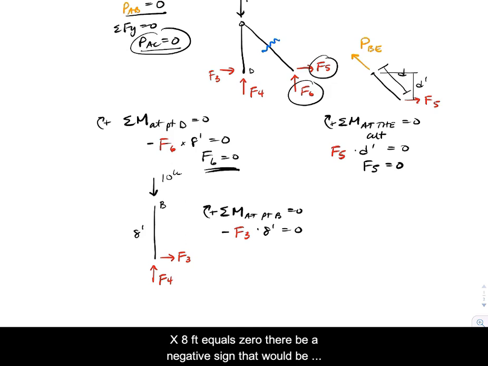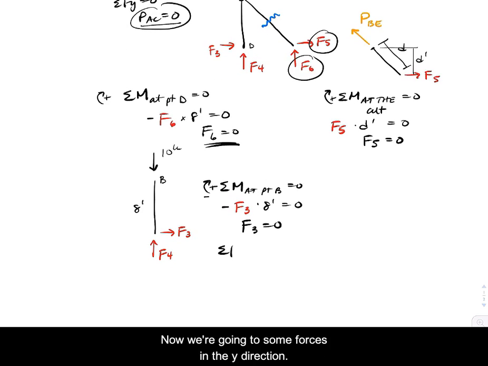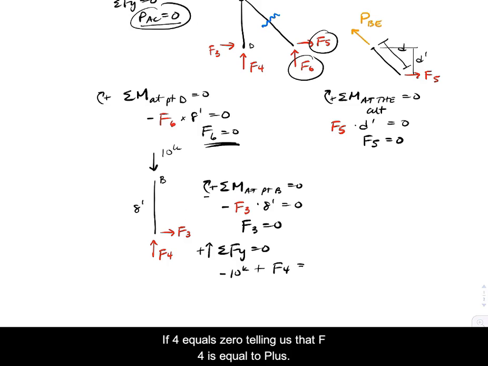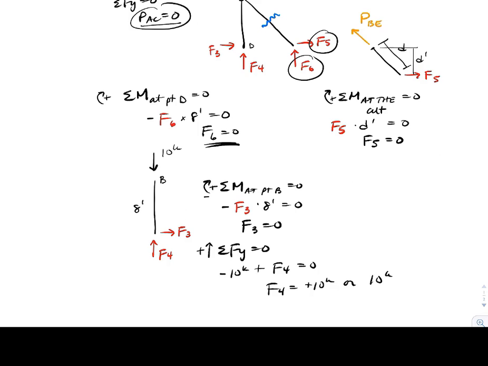There'd be a negative sign that would be going in the negative direction, but that would tell us that F3 equals 0. And we're going to sum forces in the y direction. That would give us minus 10 kips plus F4 equals 0, telling us that F4 is equal to plus 10 kips or 10 kips up.